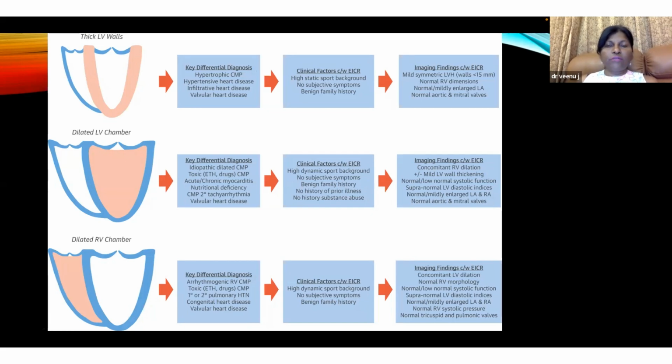So if anything is more than 15 mm, we need to consider it abnormal and evaluate further. Less than 15 mm can be considered normal, depending on the pattern of hypertrophy and the symptoms of the patient. Accordingly, we can decide whether we need to go for further investigations or not. So I will show you some examples as we go further.